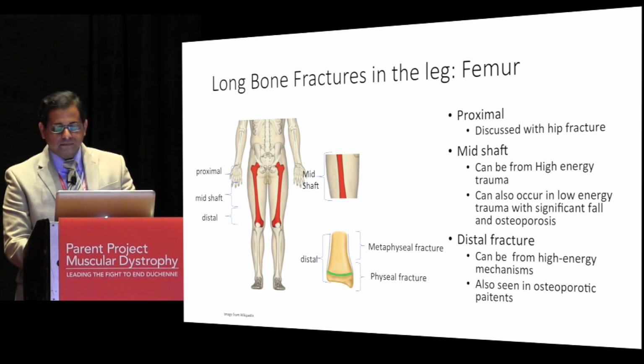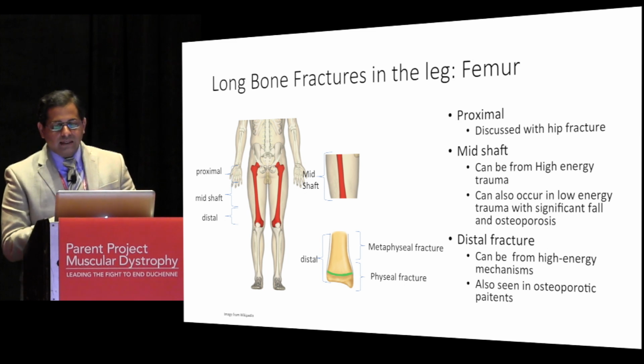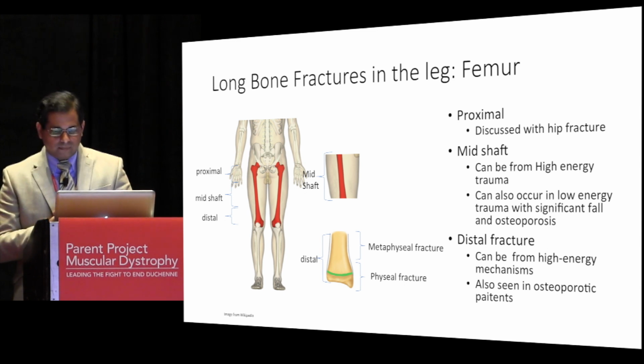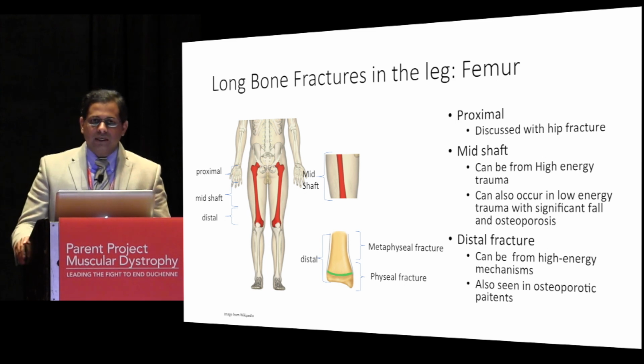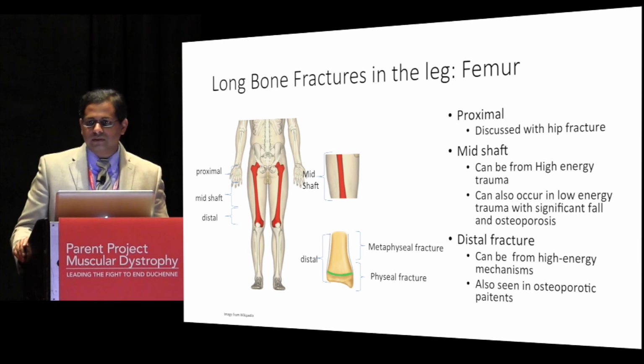In the mid-shaft, it often happens with high trauma cases. And it can also happen in low trauma cases if one is on steroids or one has developed osteoporosis. But it's more rare. Now in pediatric patients, often you can see some more distal fractures, and this can be from high energy mechanisms.